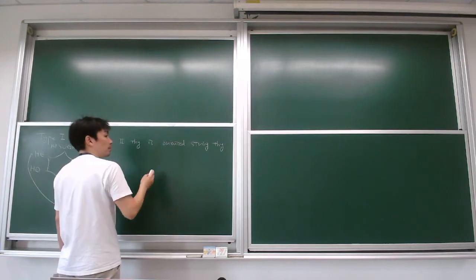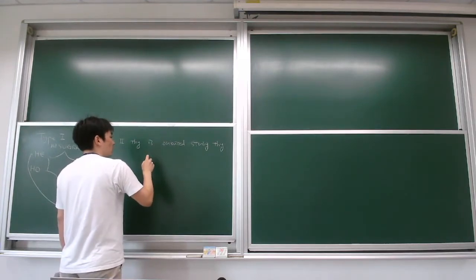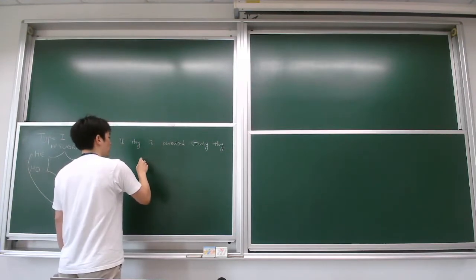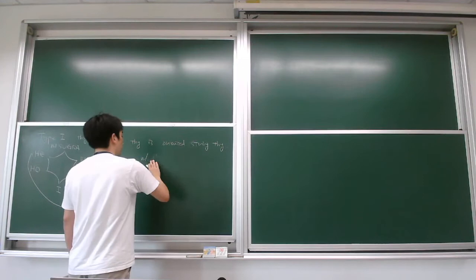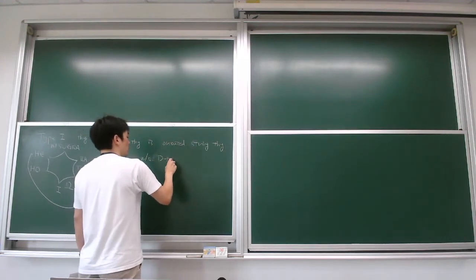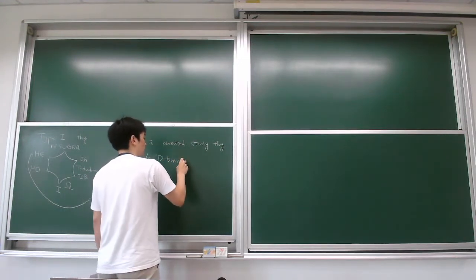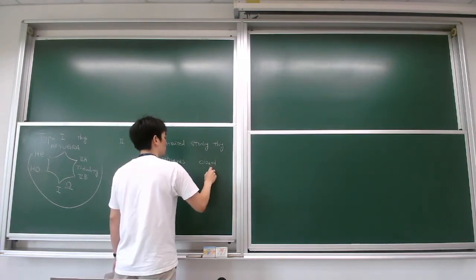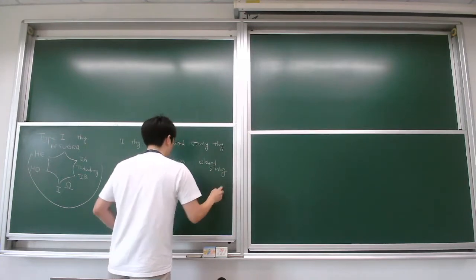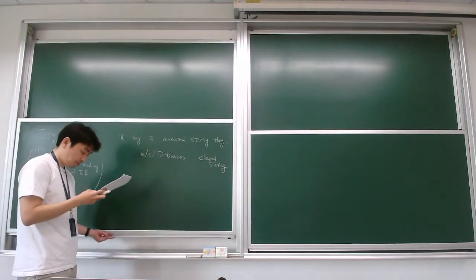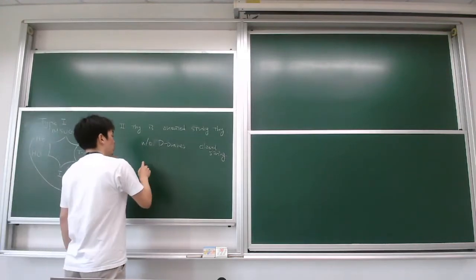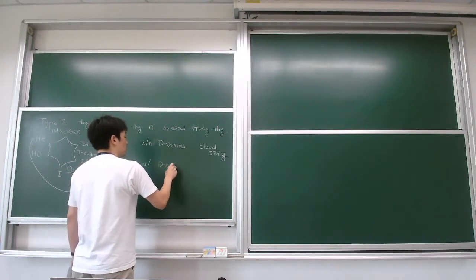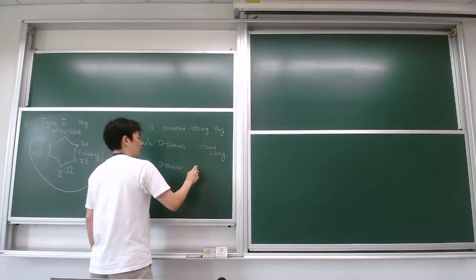Without D-branes, we only have closed string. On the other hand, with D-branes, one can introduce the open string.